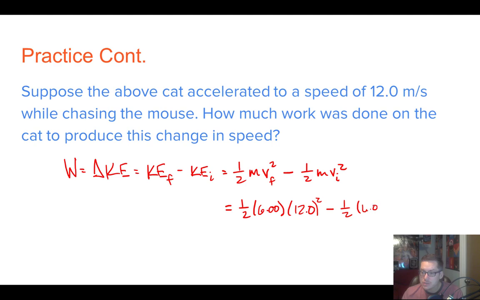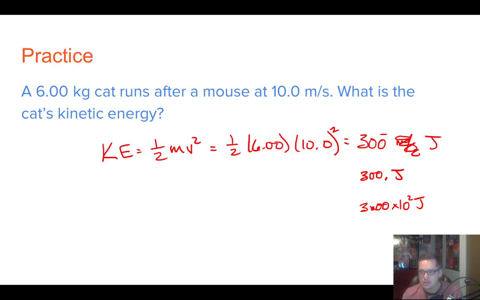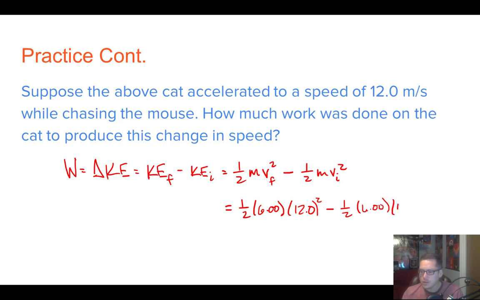And then the old velocity, what was the old velocity? 10. Yeah, it was 10, and don't forget to square it. So this becomes 3 times 144 minus 3 times 100.